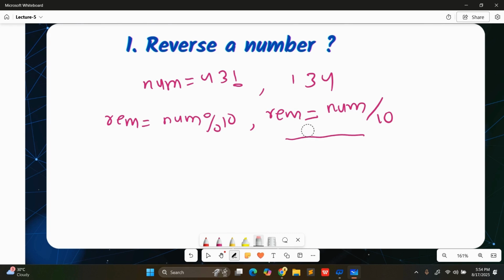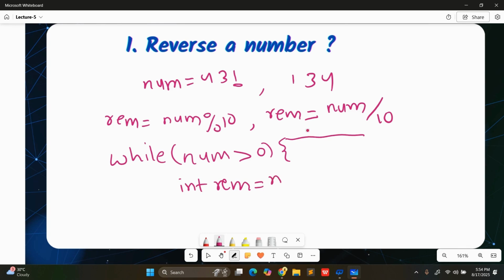So as long as the number is positive, we will keep looping. Until number is greater than 0, go on doing this: get remainder is equal to number modulo 10.